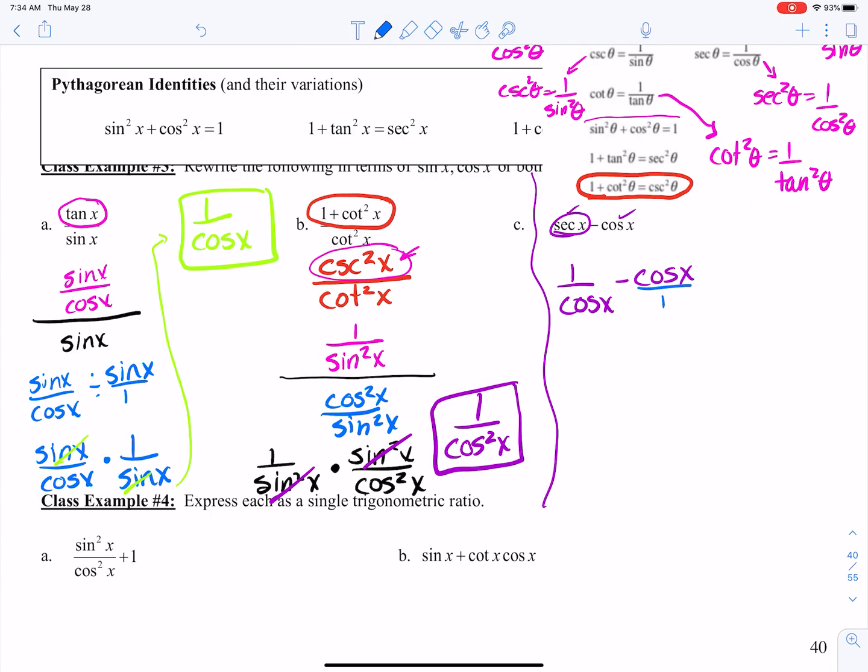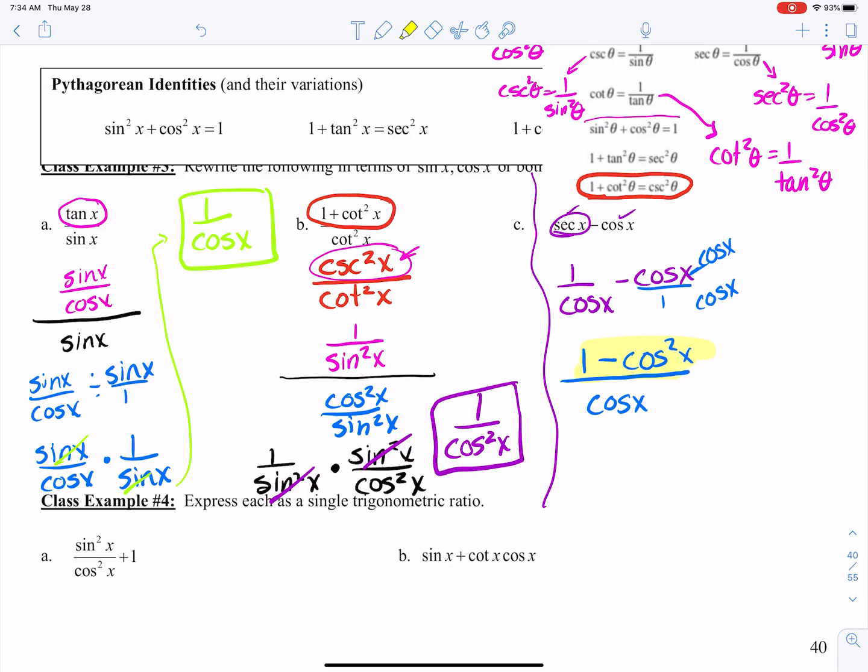I need a common denominator, and my common denominator is going to be cos x. So I need to multiply both top and bottom by cos x to get the common denominator. So I'm left with 1 minus cos squared x, because that's the result of those two, and that's all over cos x.